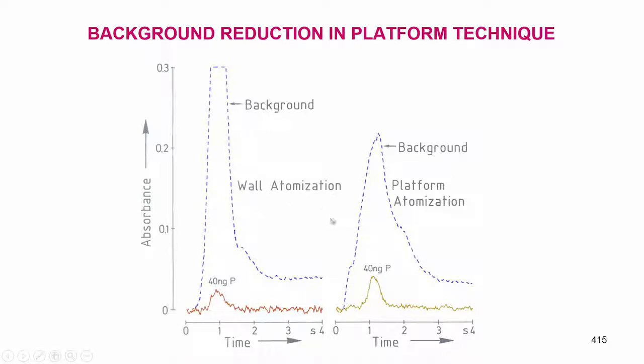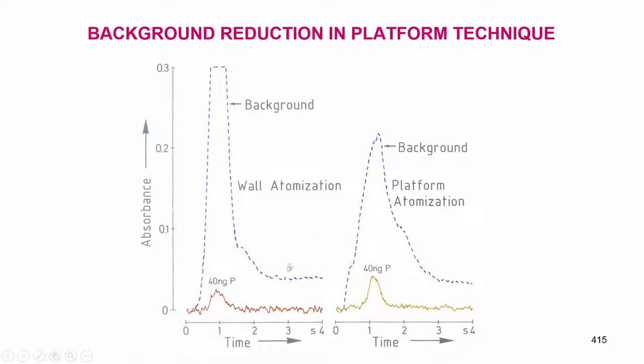Okay. And if I do STPF, my background is only about 0.25 instead of 0.3, and the signal for the same 40 nanograms is approximately 0.04 or 0.05, whereas in this case it is just 0.01 or 0.02.